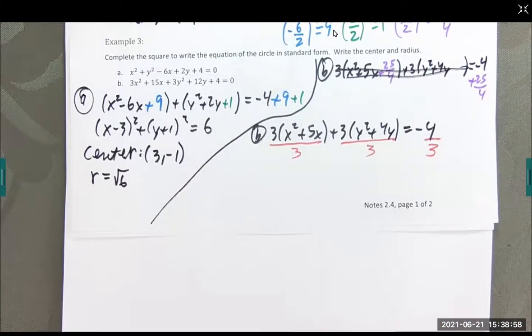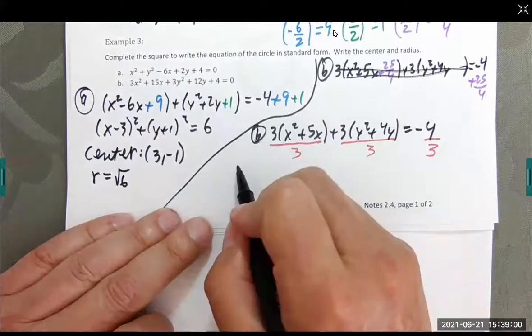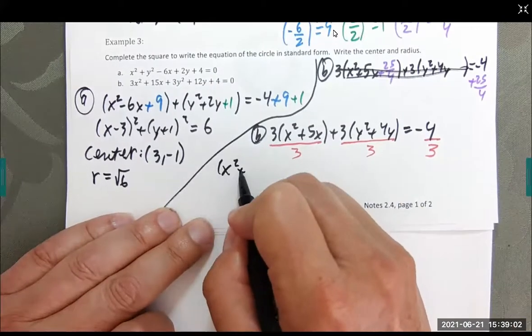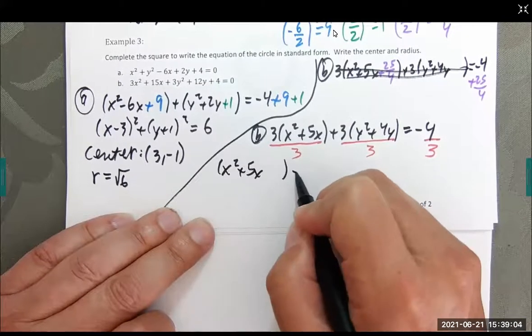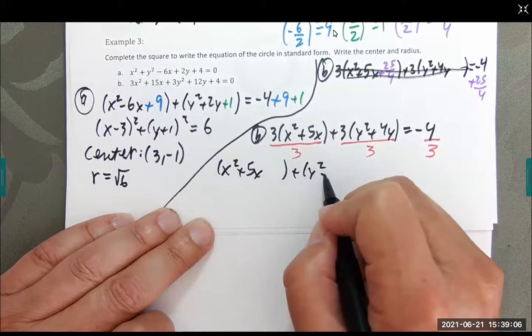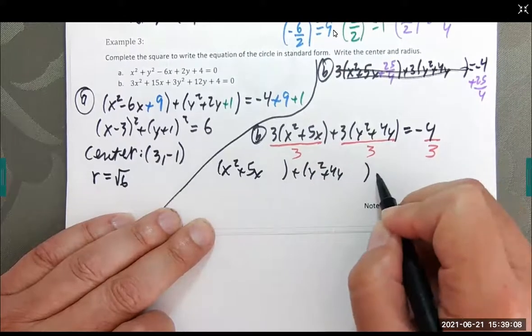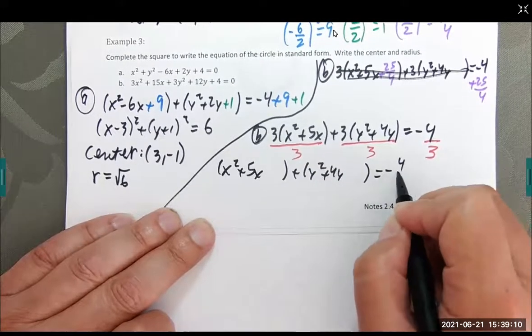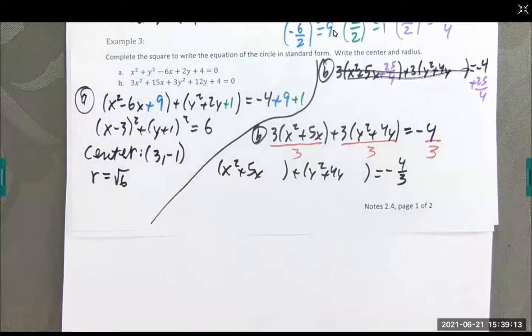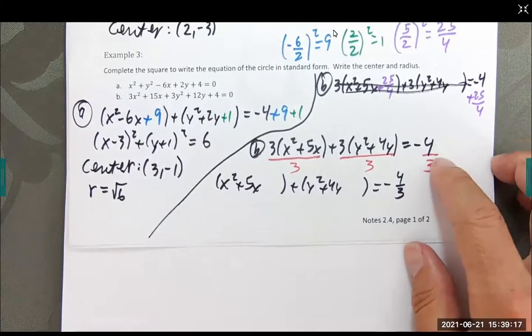And that's going to give us x squared plus 5x plus y squared plus 4y equals -4/3. All right. So now what I'm going to do is complete the square like I did before.